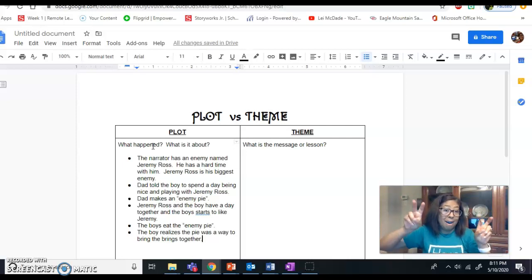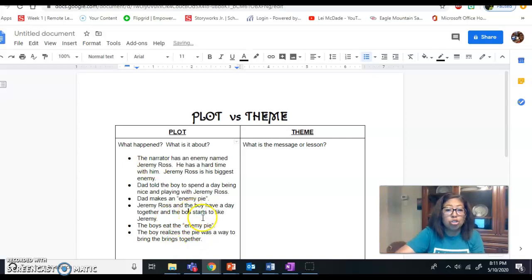Dad makes an enemy pie. Jeremy Ross and the boy have a day together, and the boy starts to like Jeremy because they get along and they have a good time. The boys eat the enemy pie. The boy realizes the pie was a way to bring the boys together. Okay, so that's the plot.